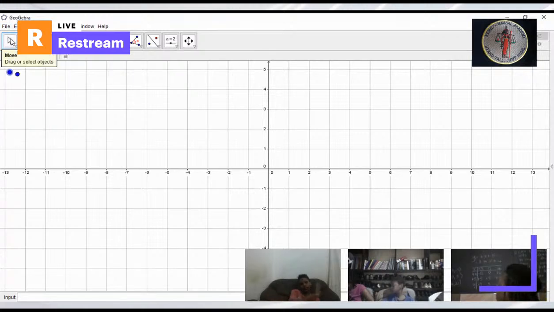All right, so what I'm going to do is plot it on the board, and then I'm going to allow the software to plot it. So let me type that in. That's y equals 4x plus 5.